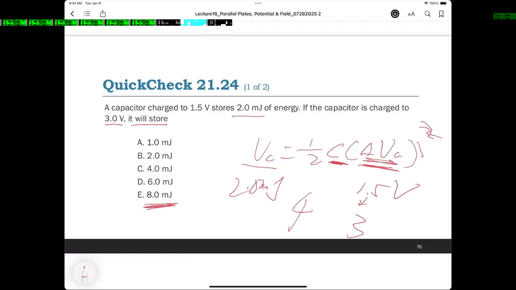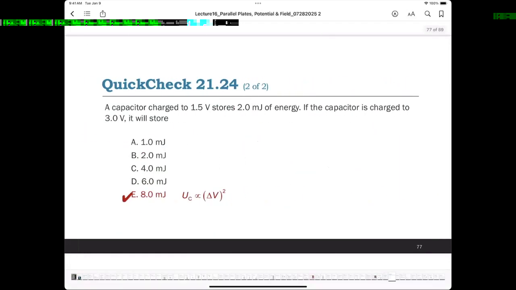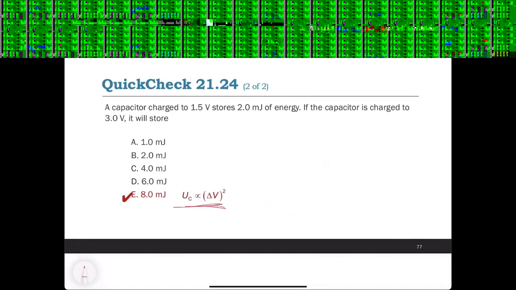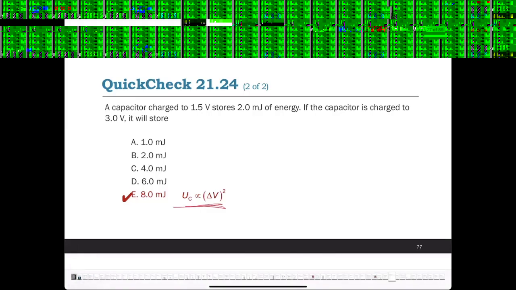That makes sense to you? Because U_C depends on the square of the voltage.